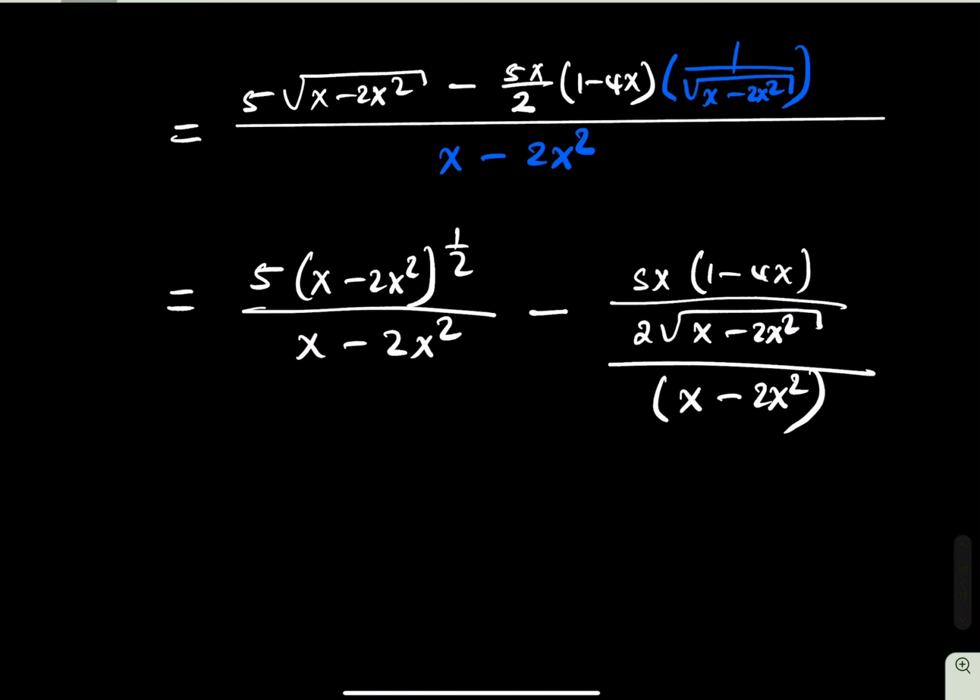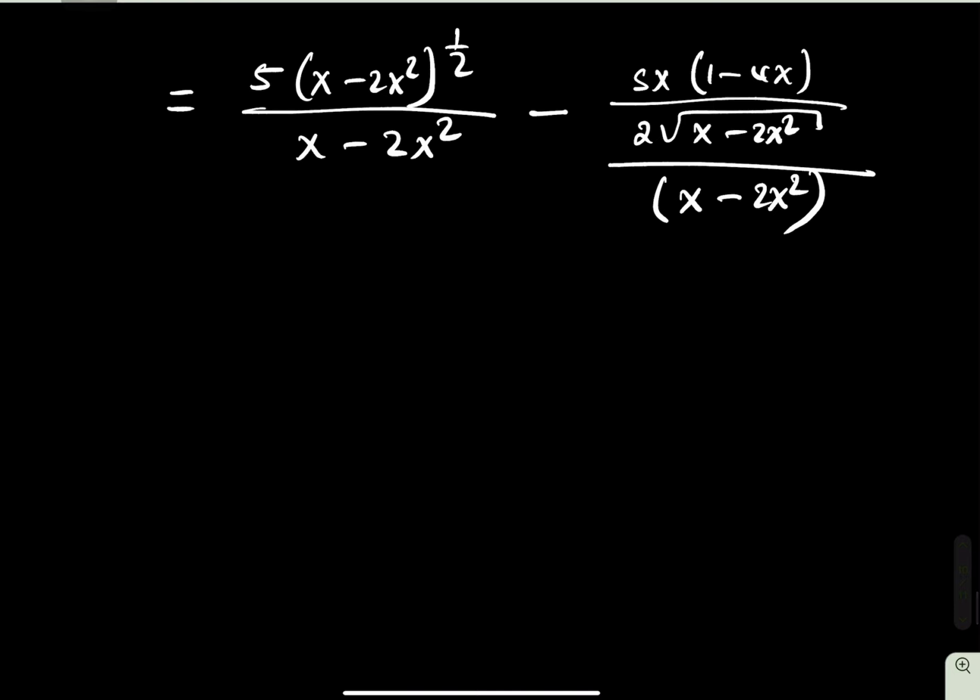So you can see that you can still simplify because this is raised by 1. The bases are the same, so you can subtract 1 from a half there, and a half minus 1 is primarily a negative half.